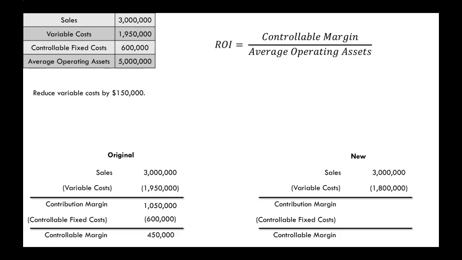So our variable costs become 1.8 million. Contribution margin is sales minus variable cost. So we get 1,200,000. We'll then subtract out our controllable fixed cost of 600,000 to find our controllable margin to be 600,000. Now that we have that, we can plug that into the ROI formula. So 600,000 divided by 5 million leaves us with an ROI of 12%.